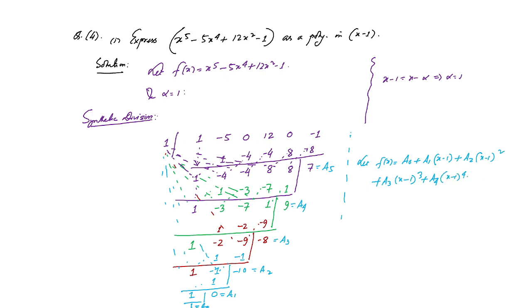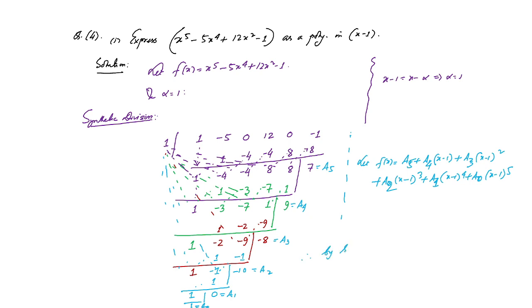Highest degree is 5, so a5(x minus 1) whole to the power 5. Okay, so what we will write here? Now this is a0, this will be a1, this will be a2, a3, a4, a5.